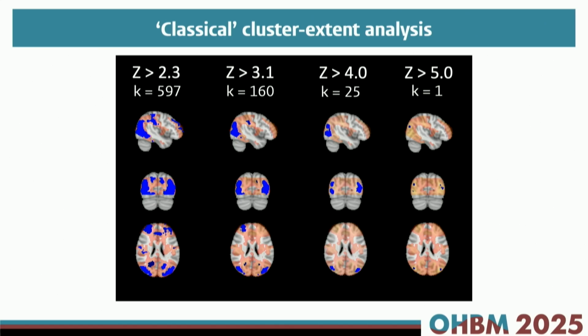So for a higher Z threshold, the K is 160, and you find some smaller regions, but you can still find some regions. If you set the Z value even higher, your K is 25, you can see the region becomes smaller. And actually, if we put the Z value very high, our K is 1, meaning that we're back at voxel-wise inference in a way.